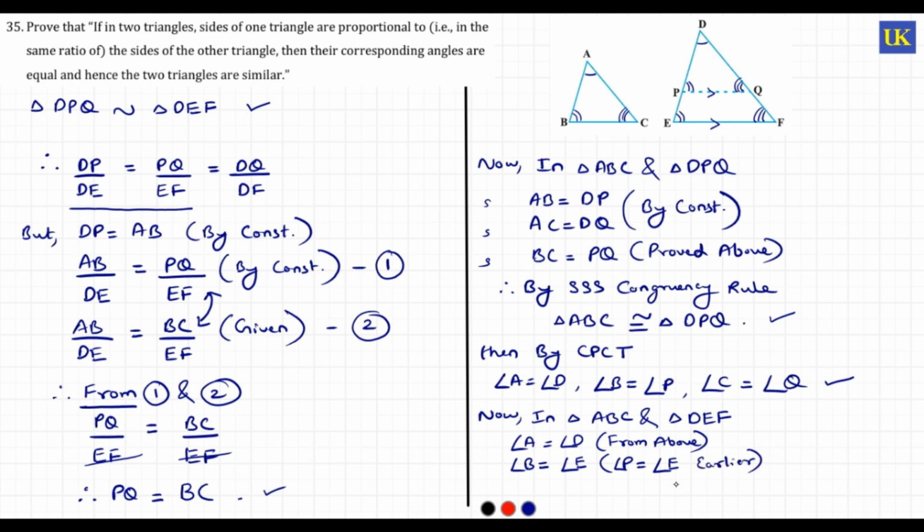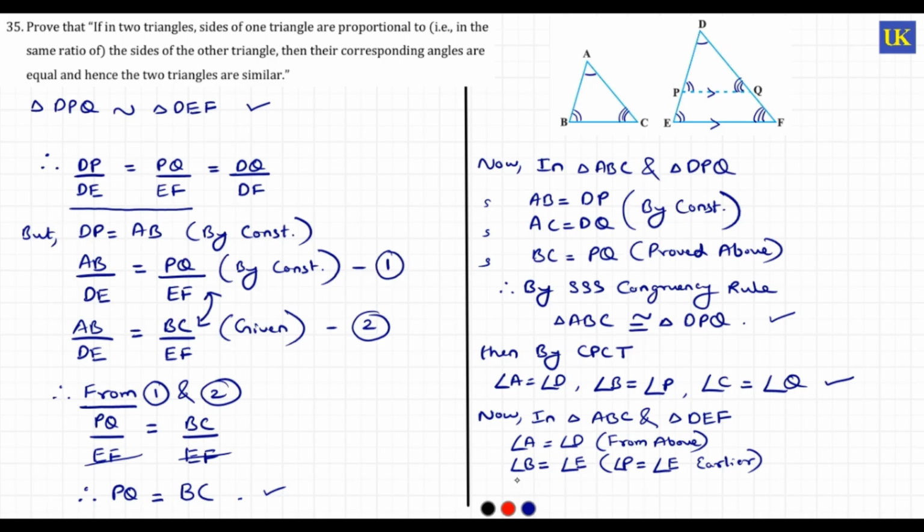So with this logic, if P is equal to E, then instead of P here I can say that B is equal to E, because instead of P I will replace this P with E. So B is equal to E I can write.